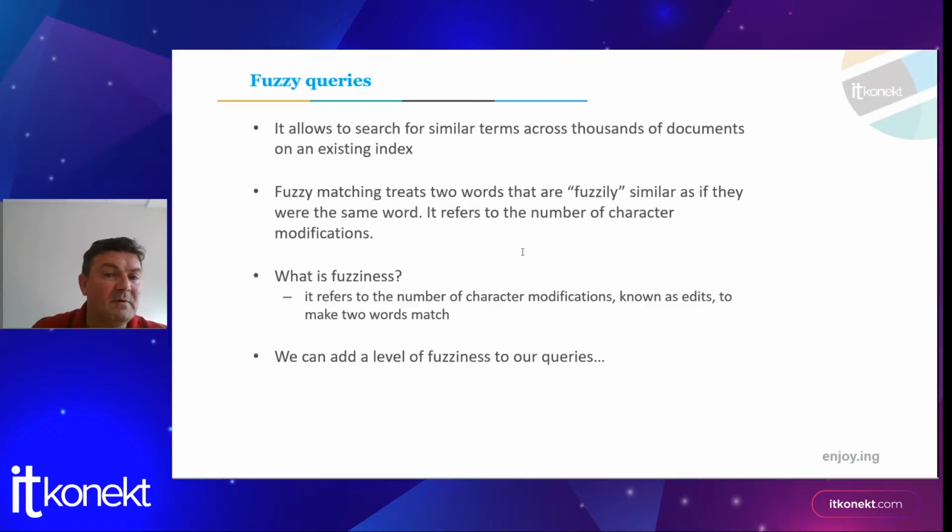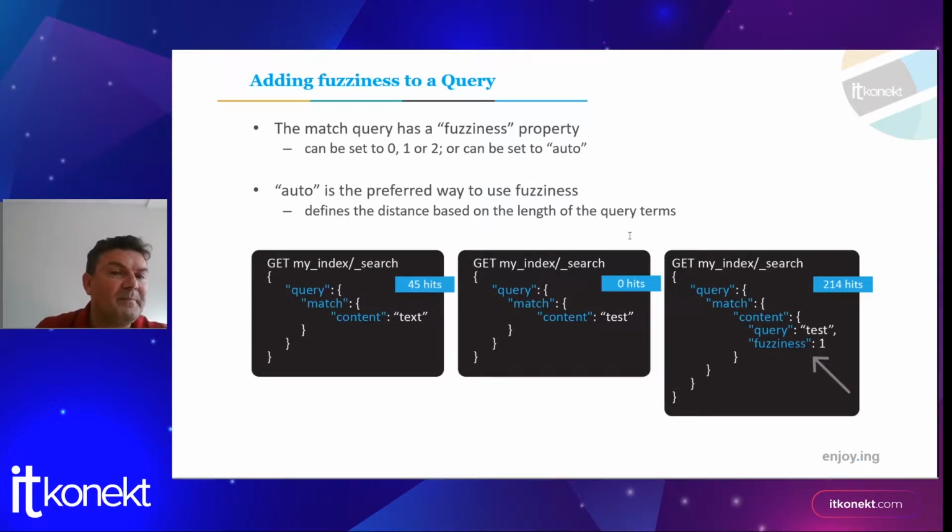The fuzziness property refers to the number of character modifications, and we can add a level of fuzziness to our query as in our next example. The match query has a fuzziness property, and it can be set to 0, 1, or 2, or can be set to auto.